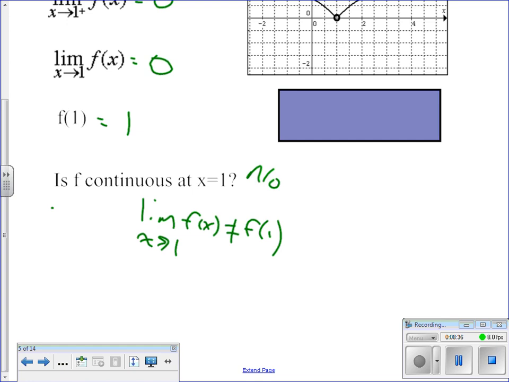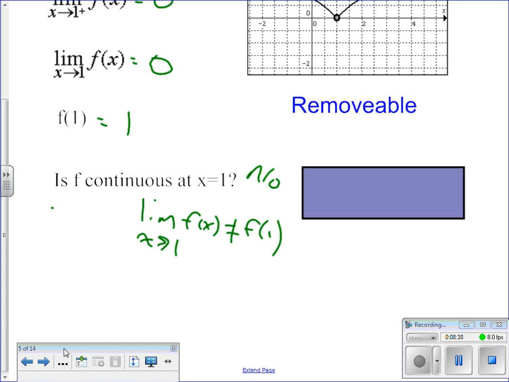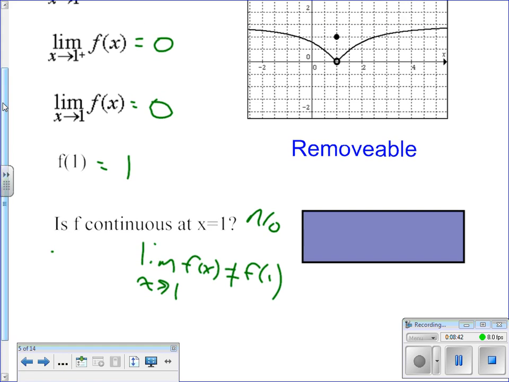Now, this is a removable discontinuity. If you have a hole in your graph and it's just missing that one spot, it is called a removable discontinuity. I've removed that point.